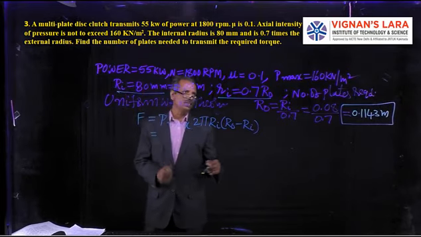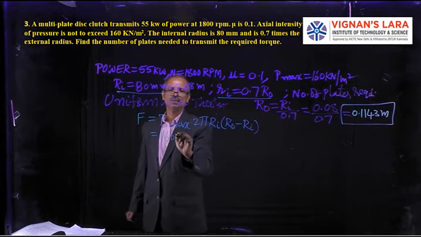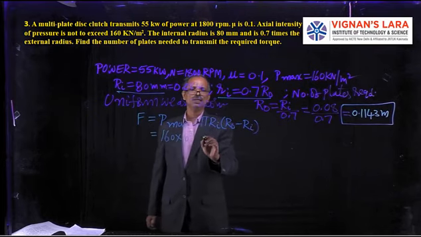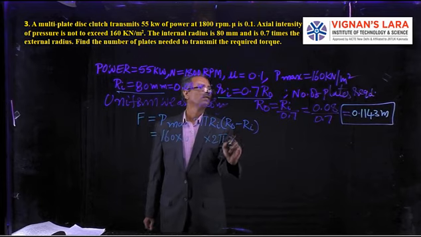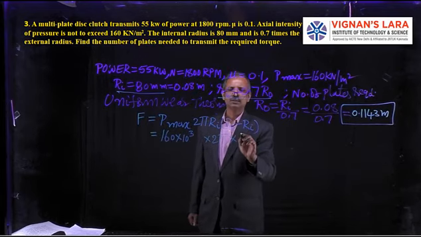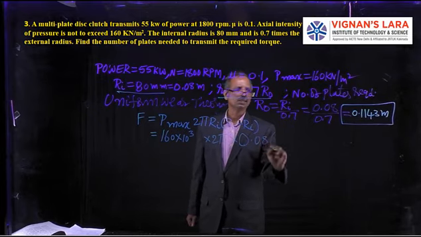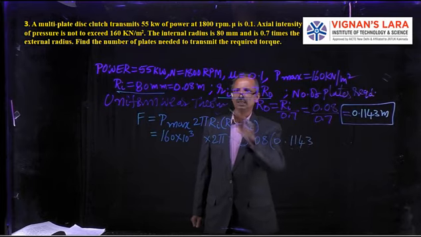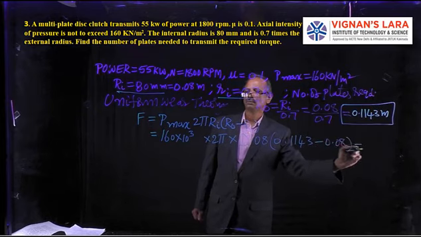So what is the maximum pressure? 160 kilonewton per meter square, so into 10 power 3 is Newton per meter square. So 2 pi Ri. What is the Ri value? 0.08 into 0.1143 minus 0.08.